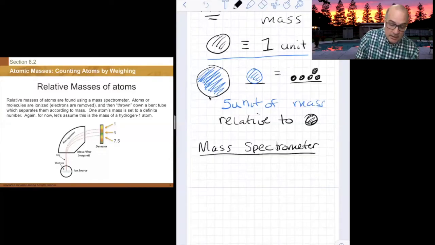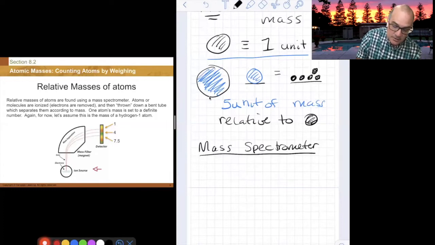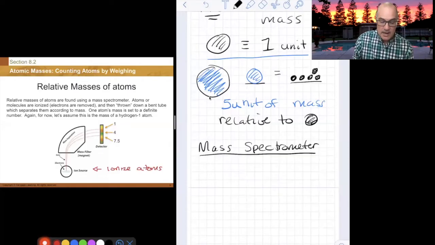So if we look here, the first thing that happens is we take our sample and we ionize them, right? We ionize these atoms. And then we're going to use an electric and a magnetic field to kind of fling them. And the first is an electric field to kind of throw them. And then we use a magnetic field to bend them, right? It bends them. And the amount that they bend is going to be proportional to their mass.